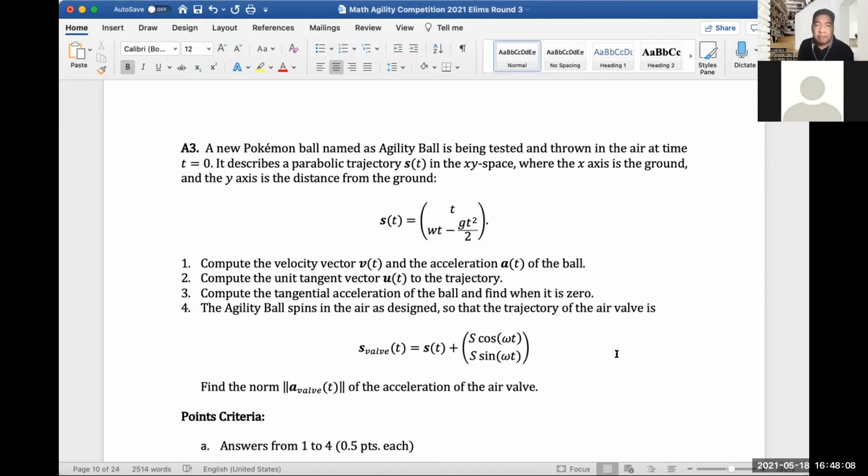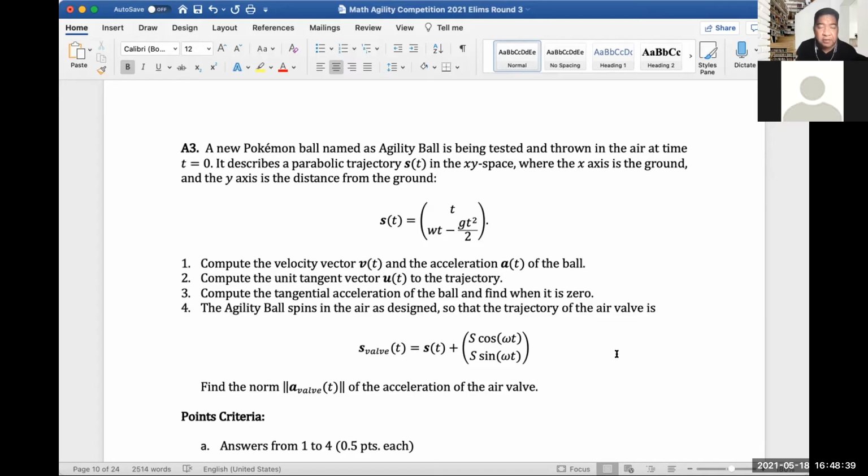It describes a parabolic trajectory s of t in the xy space where the x-axis is the ground and the y-axis is the distance from the ground. So this is s of t equals (t, wt minus gt squared over 2). Question number 1 is to compute the velocity vector v of t and the acceleration a of t of the ball. So that's question 1.